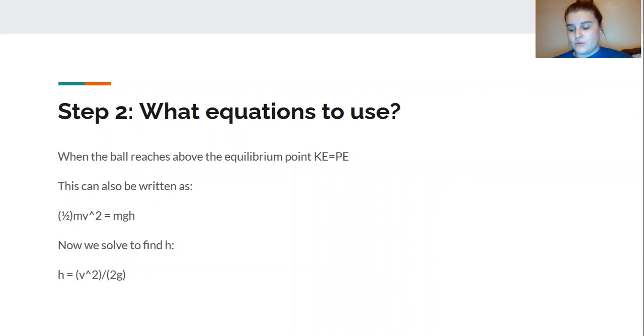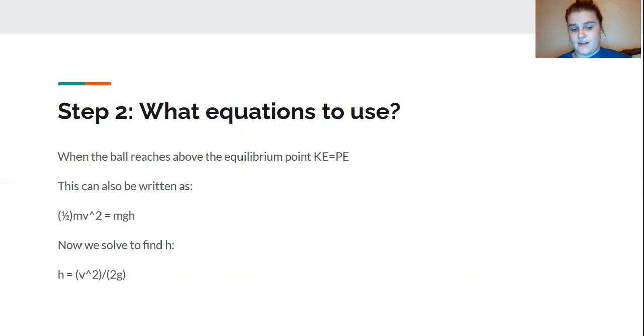So what can we use to solve? When the ball reaches above its equilibrium point, and that's what it's asking us, how high it's going to go after that, the kinetic energy is equal to the potential energy. So we can write this as 1/2 times the mass times the velocity squared is equal to the mass times g times h.